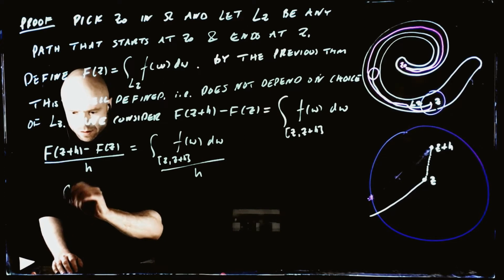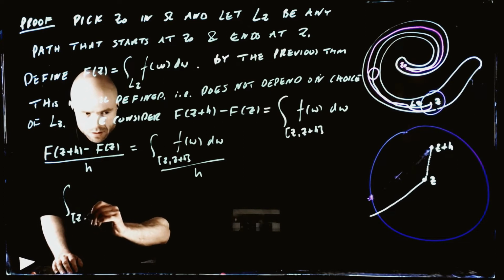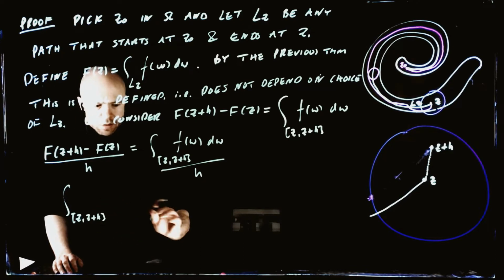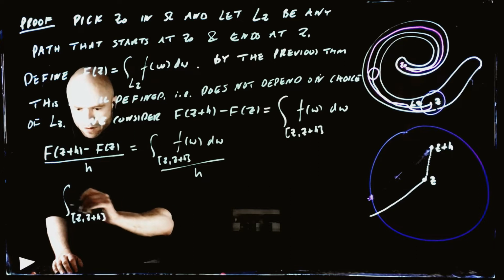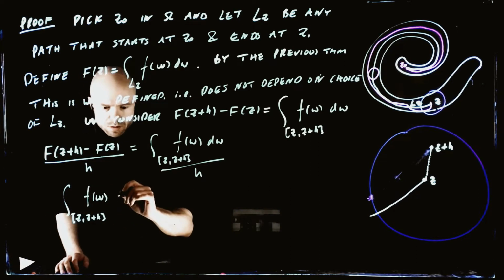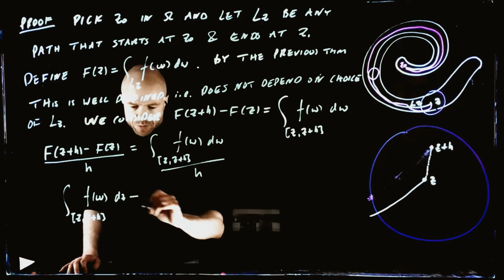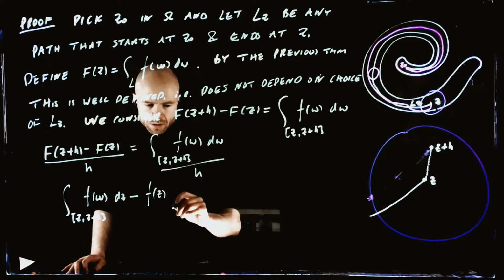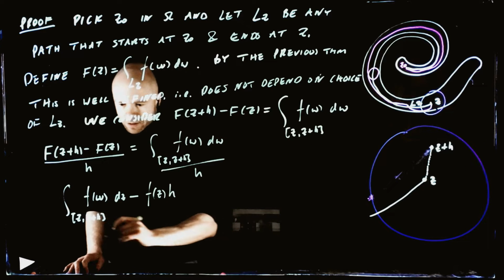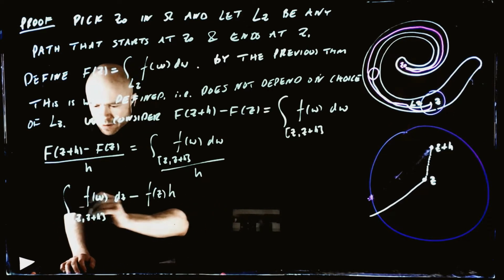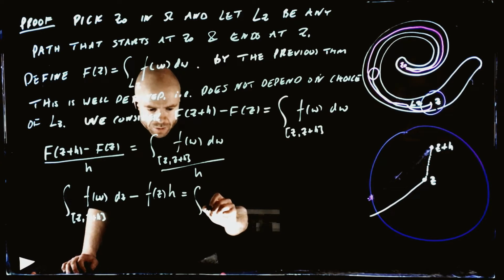If we look at the integral from z to z plus h of f of w dw, let's subtract from that just, say, f of z times h itself, like this. Then what is this? This thing is the same as this.